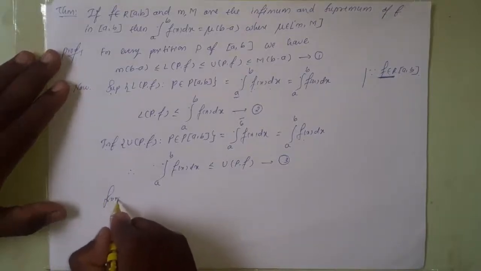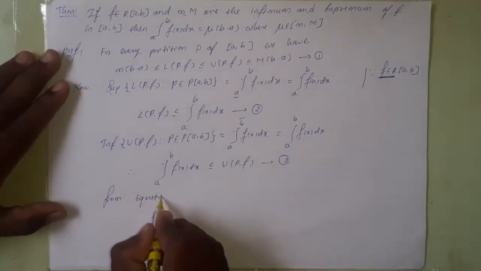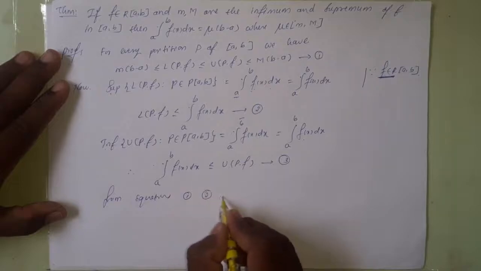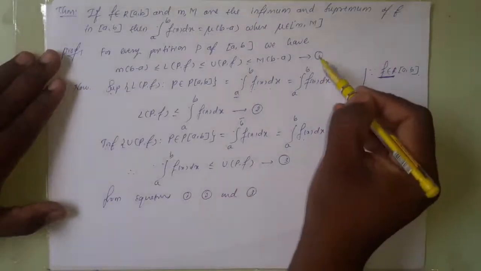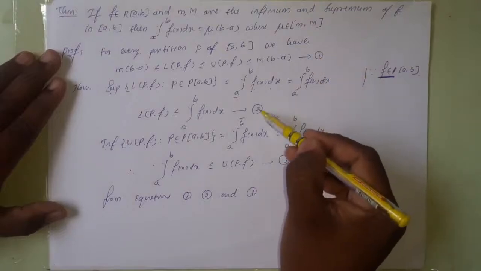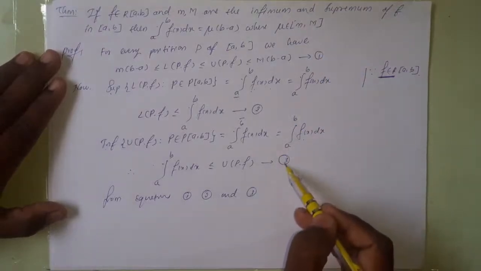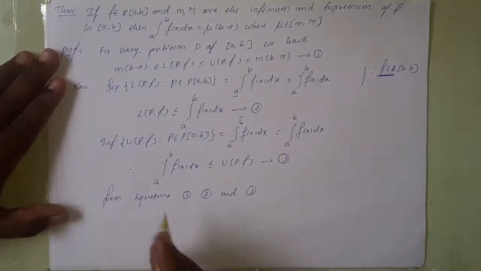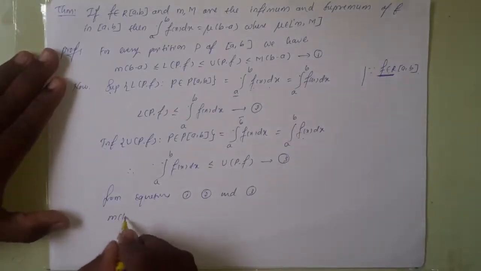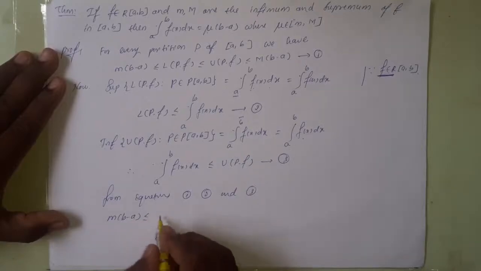Now from equations 1, 2 and 3, here is equation 1, the second equation, and this one is the third equation. Combining all these three equations, we get m times (b minus a) is less than or equal to LPF.